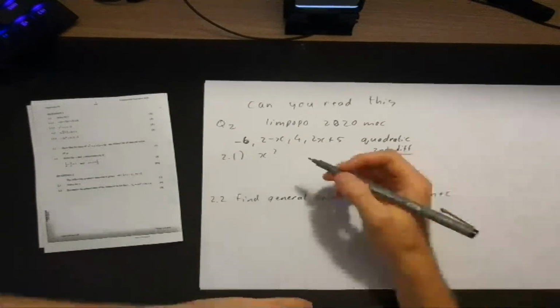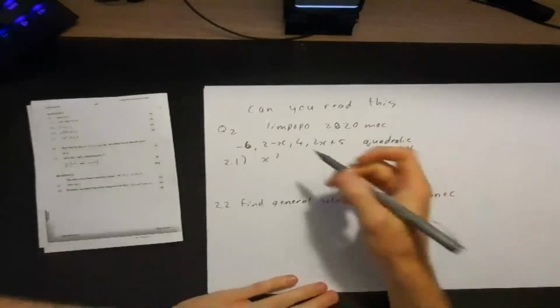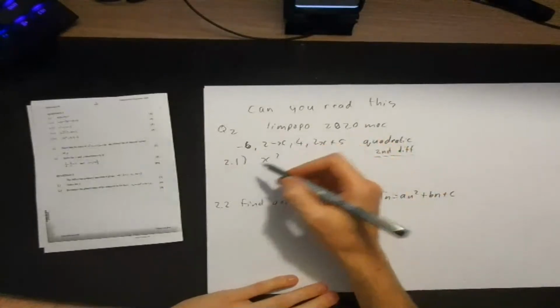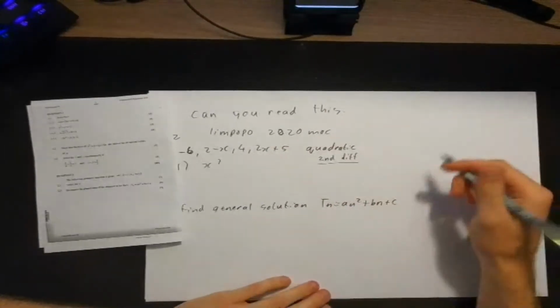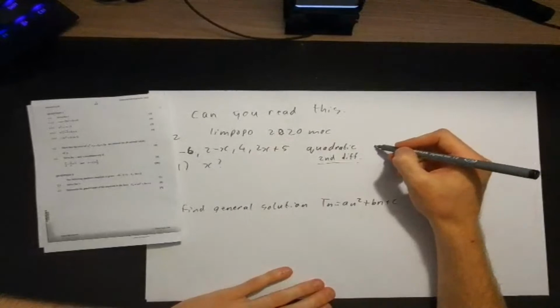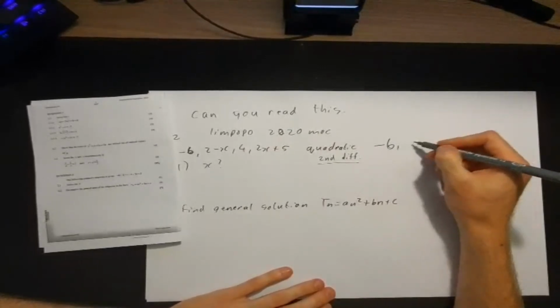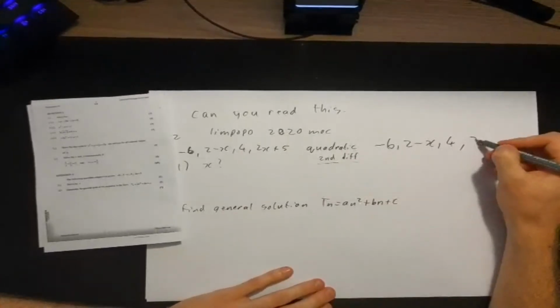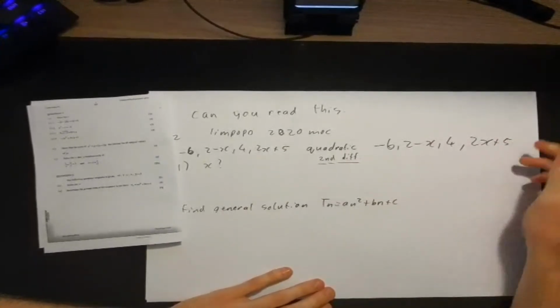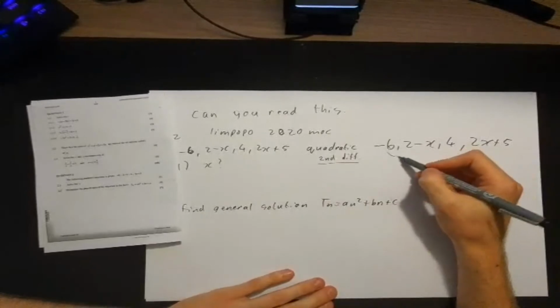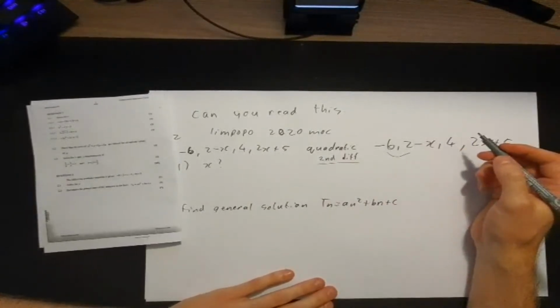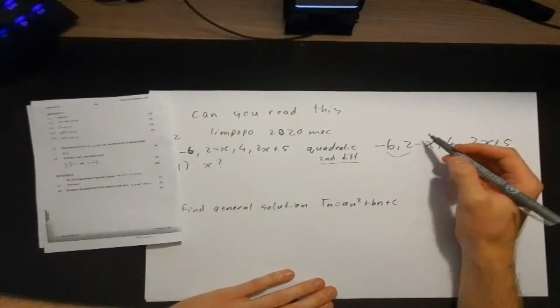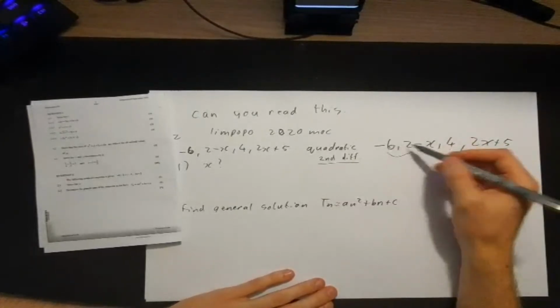In order to solve this, we know that there's a second common difference. Let me write it out here again. We have -6, then 2 minus x, then 4, and then 2x plus 5. So we know that this has to be a difference over here, from this one to that one.